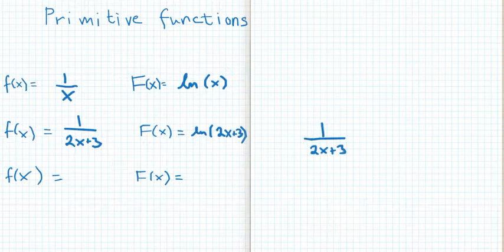So the derivative of this is going to be 2. Okay, so this would be 2 over 2x plus 3, and that's not exactly what we have here. Here's a 1 and here's a 2, so what can we do?